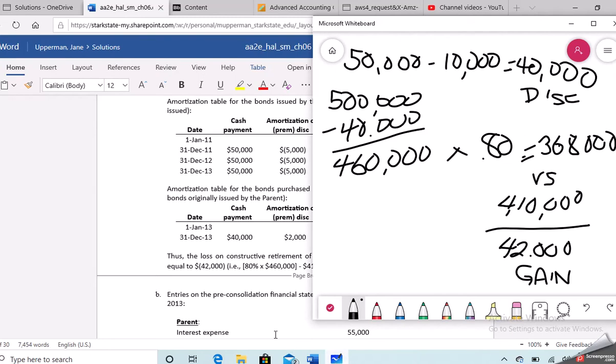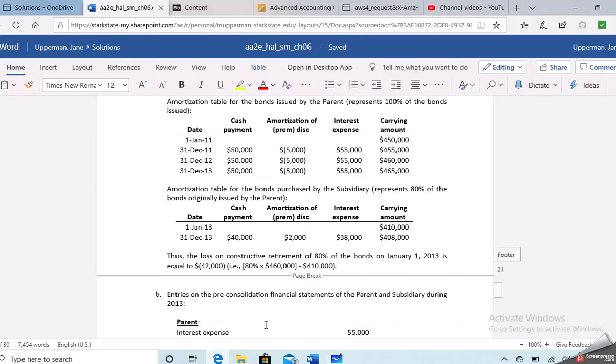Let me come back over here real quick. Here they map out how they're amortizing. Like we said, the parent had a $50,000 discount that they're amortizing out over 10 years. So the carrying value would be $460,000 at the time that the sub bought 80% of those bonds. Then the sub buys them at a $10,000 premium that they're going to amortize at $2,000 for the next 5 years.